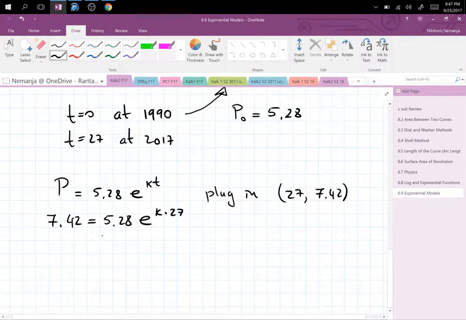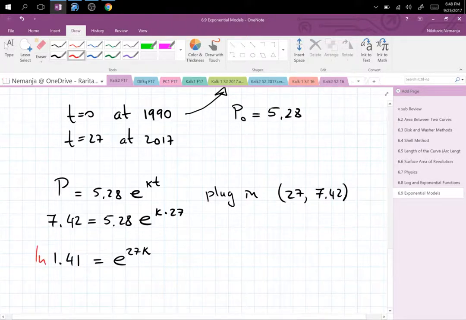By the way, you will need a calculator for these problems because calculations are not going to be pretty. So when we divide 5.28 into 7.42, we have 1.41, keep 2 decimals, equal to e to the 27k.